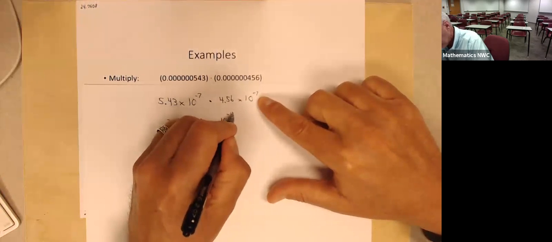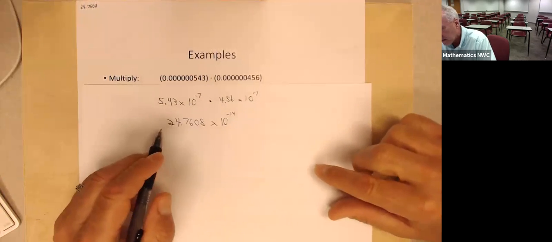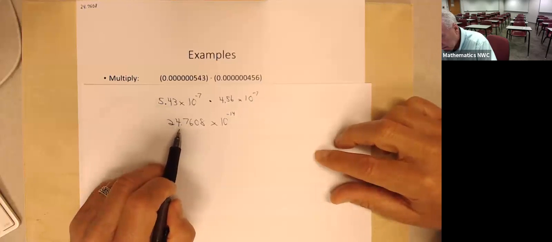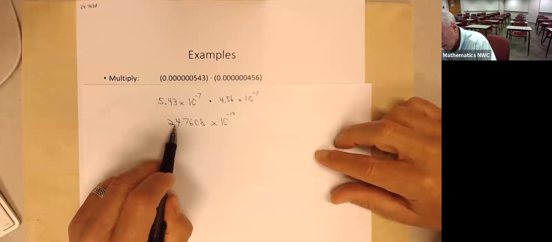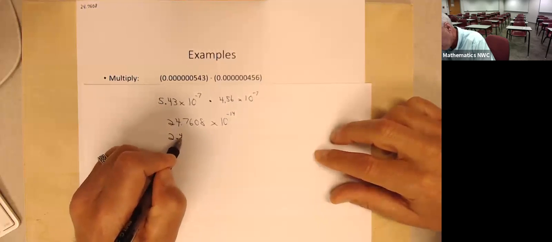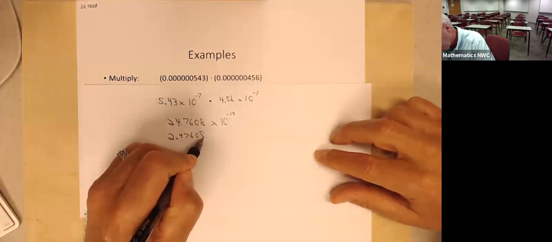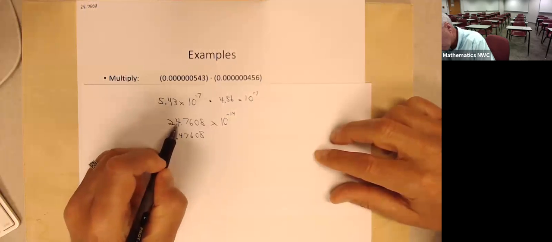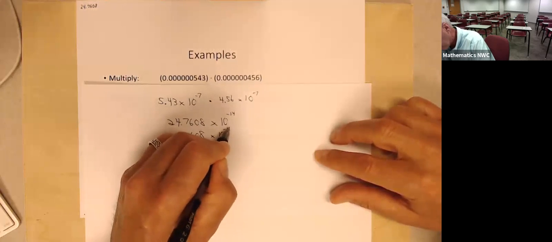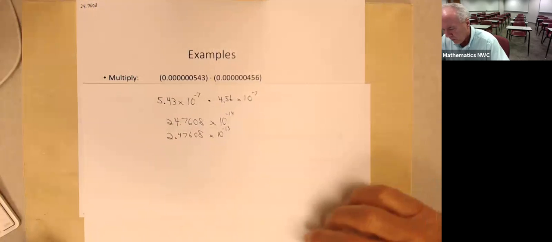So I'm going to be adding the two negative 7s, and that's my answer. Notice the answer ended up not being in scientific notation because my number was not between 1 and 10. It's 24. I need to move that over. So I moved it to the left, which means I have one more negative here. So my answer would have been a negative 15.